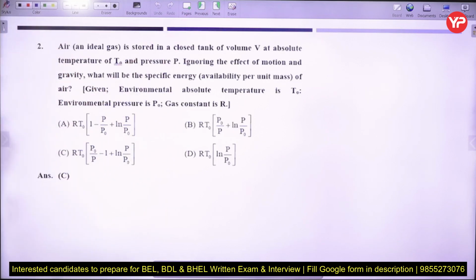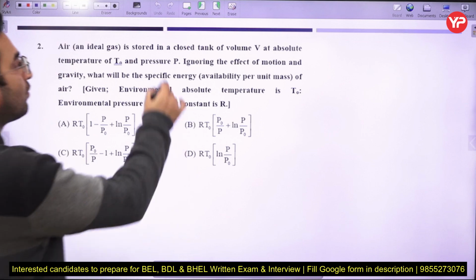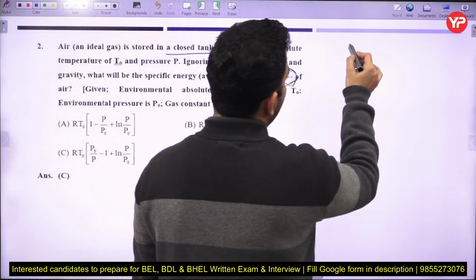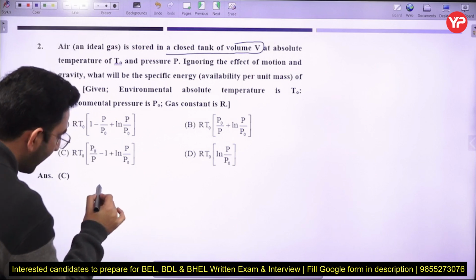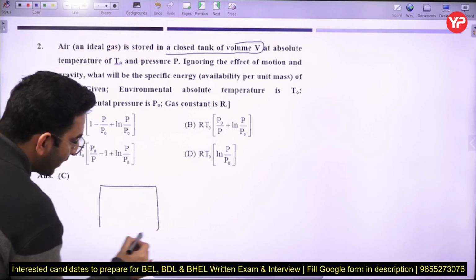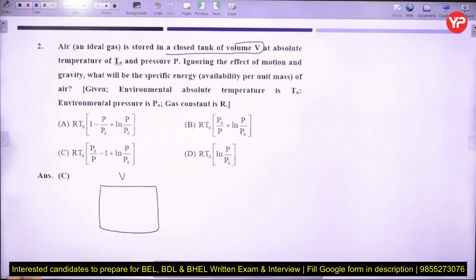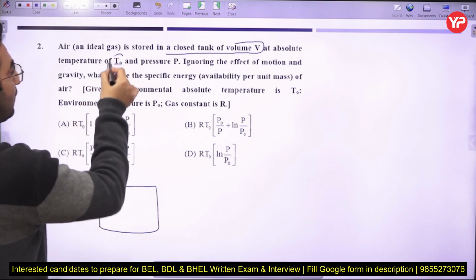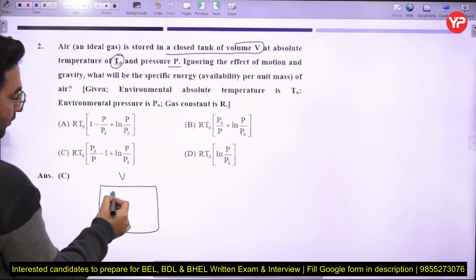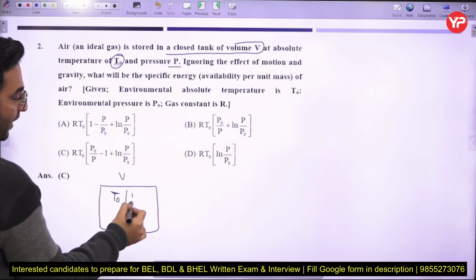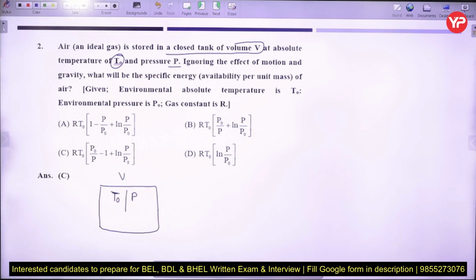The next question is: an ideal gas is stored in a closed tank of volume V. Let me draw a diagram here. Let us say we have a container whose volume is given as V, at absolute temperature T0 and pressure P. Here the temperature of the ideal gas is T0 and the pressure is P, and we have to ignore the effect of motion as well as gravity.